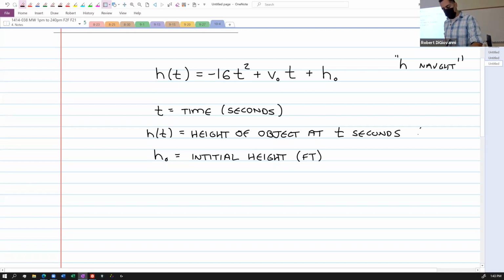Also, the height of the object after a certain number of seconds is also measured in feet. H naught is how far up the rock is before you drop it. If you hold a rock 6 feet off the ground, H naught is 6. If you take a rock up to the top of a building that is 200 feet high, then H naught is 200. Now V naught, this is an interesting number here.